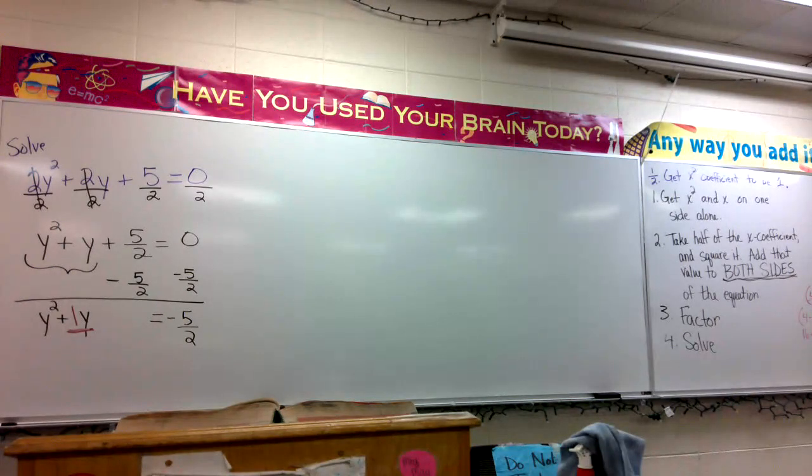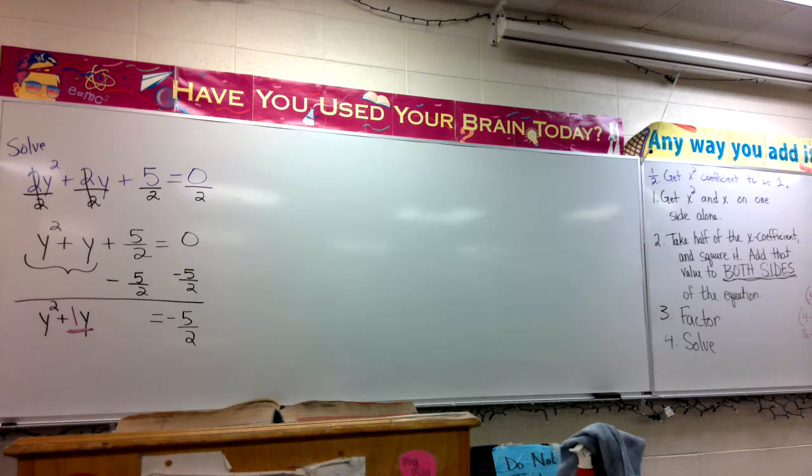What's half of 1? A half. You take half of it and you square it. Well, what's 1/2 squared? That's 1 squared and 2 squared. What is 1 squared? What is 2 squared?